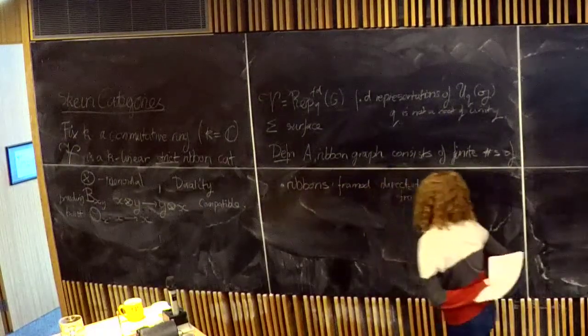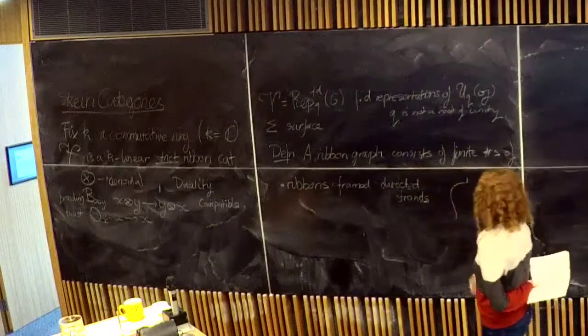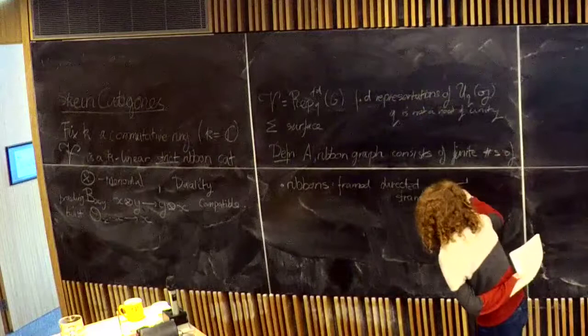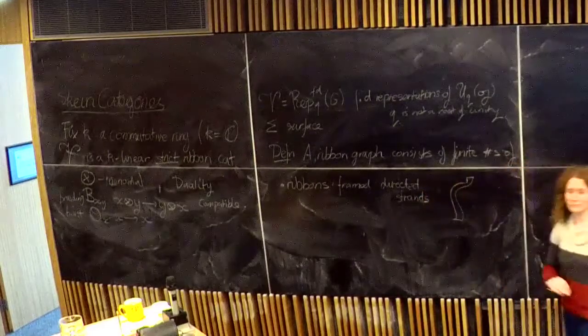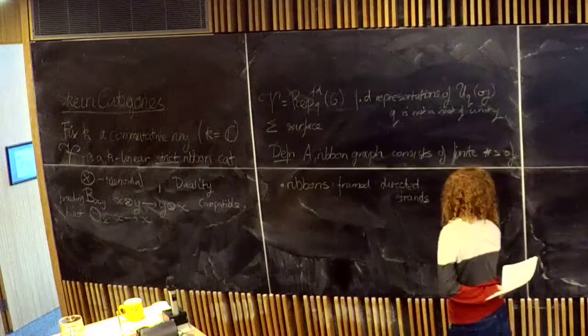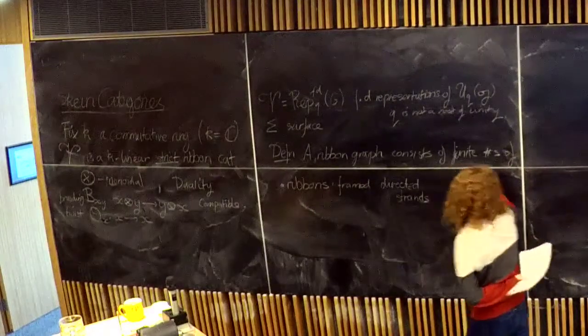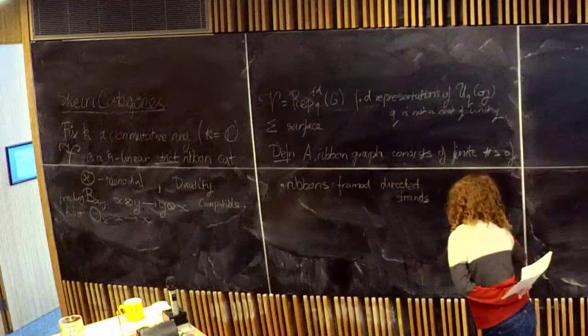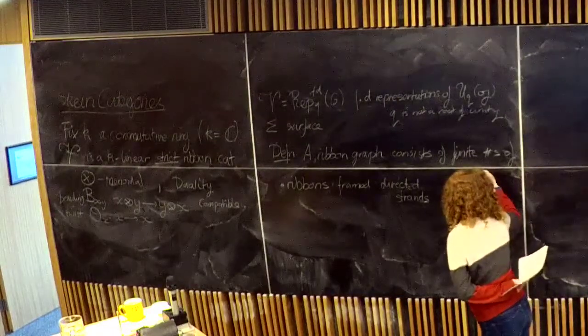What I mean by that is I have a strand, I give it a framing, and I will usually denote a framed strand by a ribbon. So this is a framing, and I have two bases, the top and the bottom: this is the bottom, and this is the top.